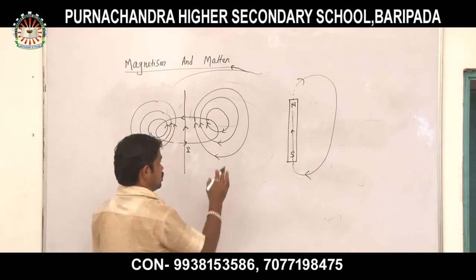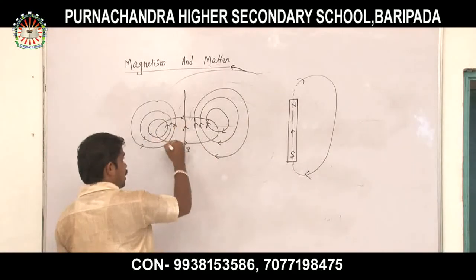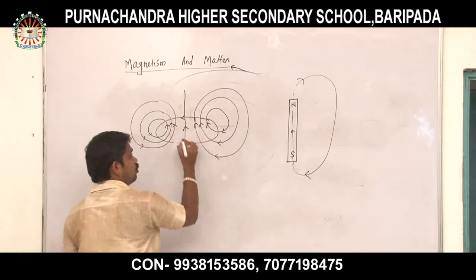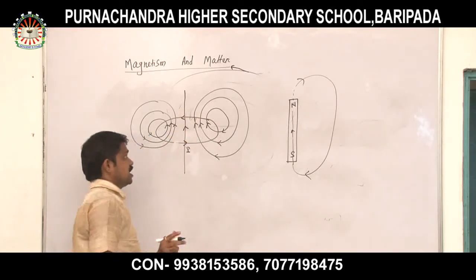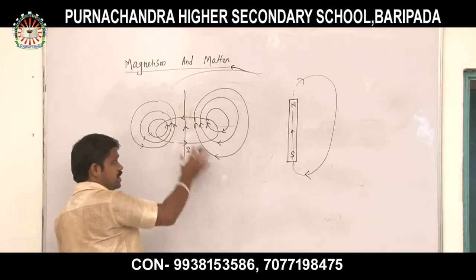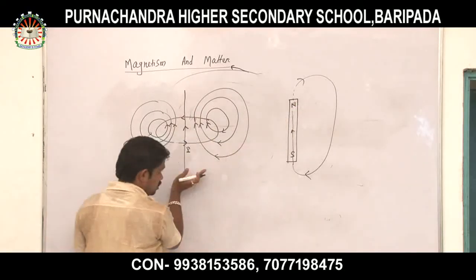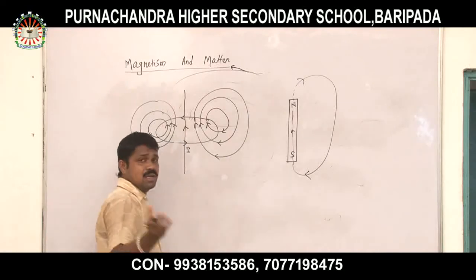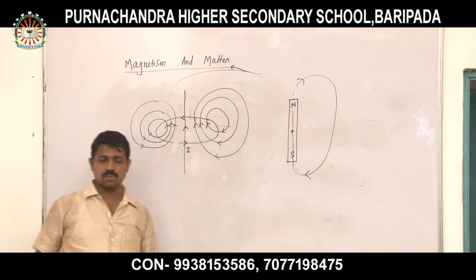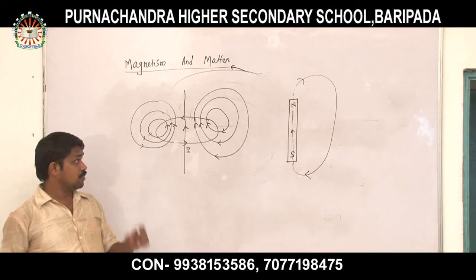So when the current in a loop flows in the anti-clockwise direction, it behaves like a bar magnet. Its upper part behaves like a north pole and its lower portion behaves like a south pole. Clear all of you?